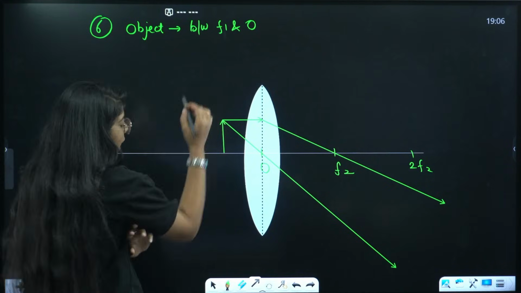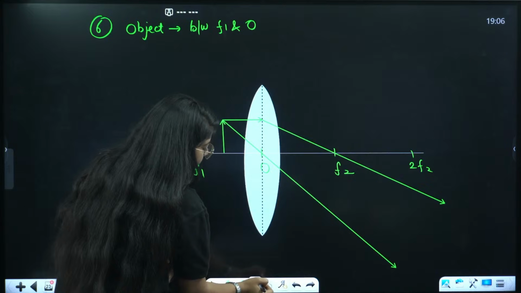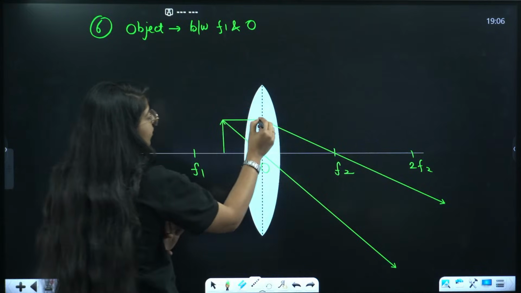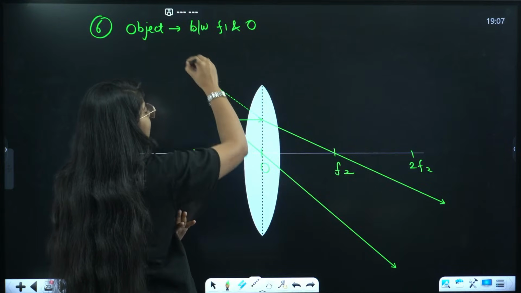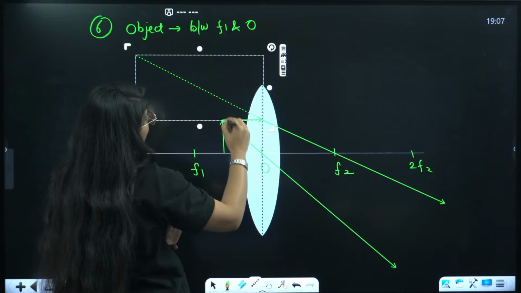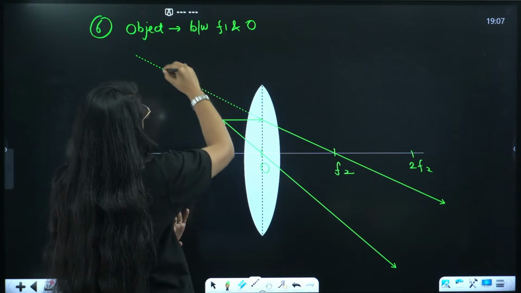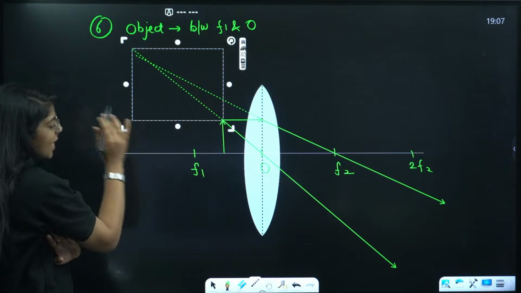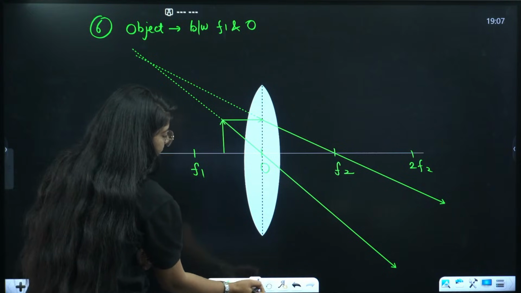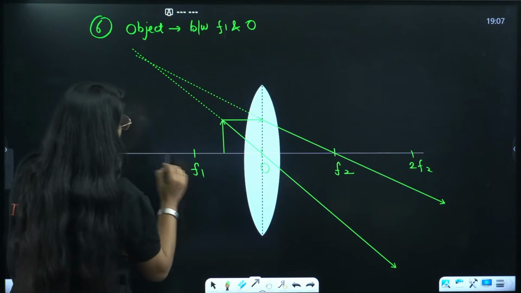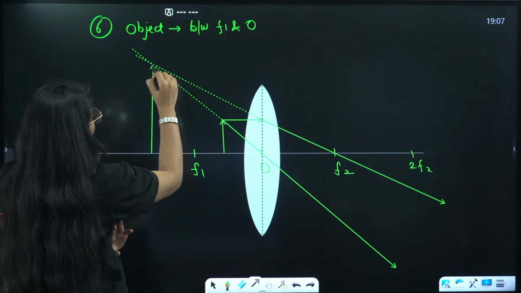Now, अब क्या करना है? Since you can clearly see that these rays are drifting apart, so what we have to do? We will extend them backwards. We will extend those backwards, right? And then these meet at such a point on the same side of the lens, and hence, this is my image formed.